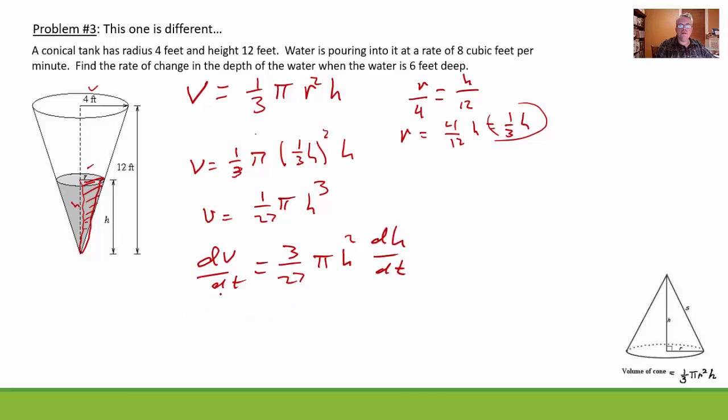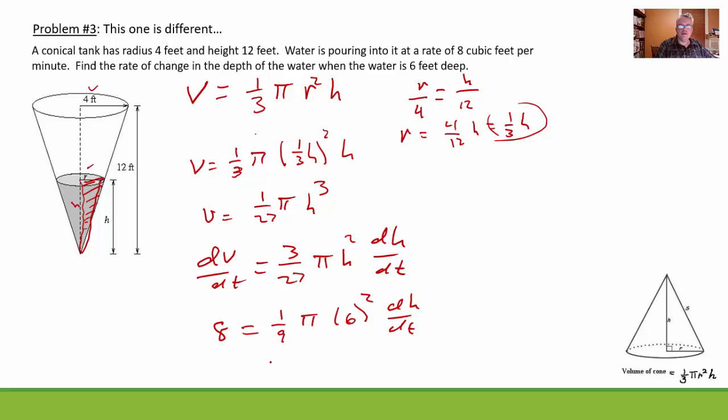Okay, so water is being poured in at a rate of 8 cubic feet per minute, so that's a change in volume. So that's 8. 3 over 27 is simply 1/9. Pi, h is 6 again, so 6 squared dh/dt.